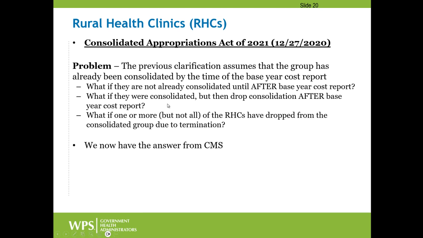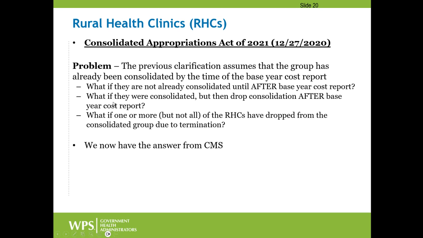So the problem that we asked CMS about, we got clarification on this. We had previous clarification initially that we used to issue letters for the base rates, but that assumed that the group had already been consolidated by the time of the base year cost report, which should have been the situation in most cases. But we found that there were some situations where RHCs were not consolidated until after the base year cost report.